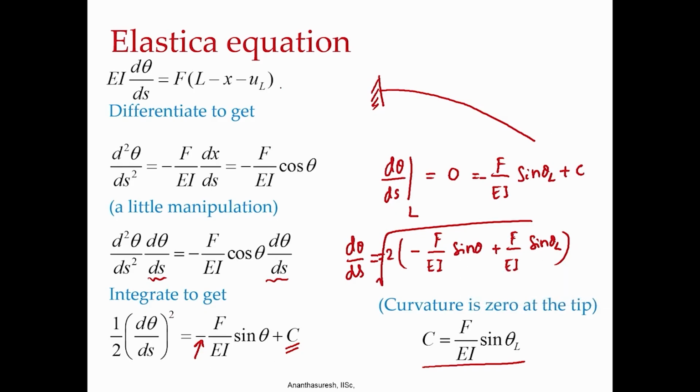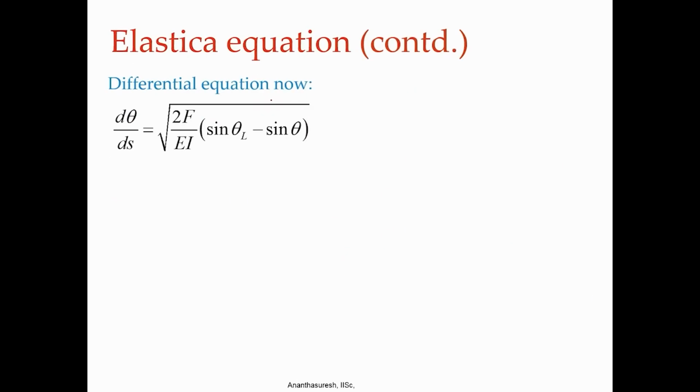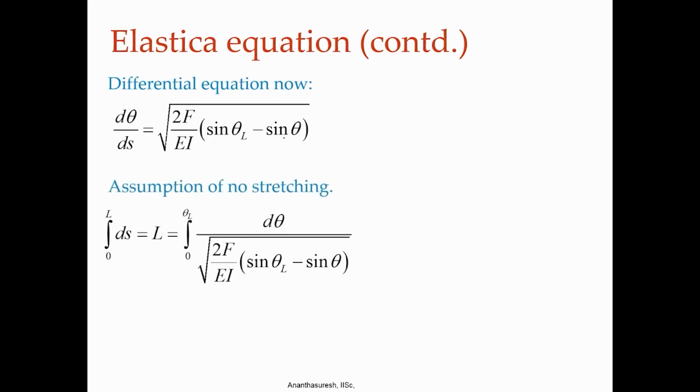We got an equation that transformed from here to here. Now, in the process we have managed to eliminate that UL that was there, but we need an equation to solve for it, as we will see later. So, let us proceed with this equation that we have, d theta by ds is 2F by EI, I have just taken it common, sin theta L minus sin theta.